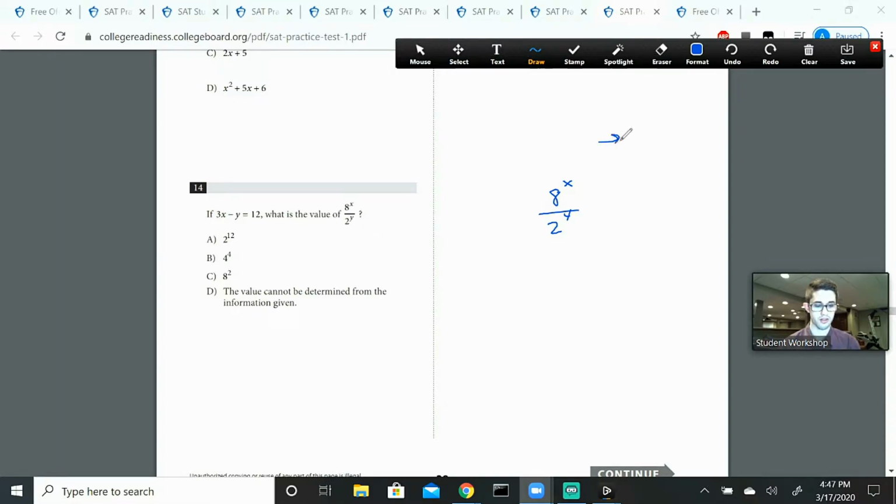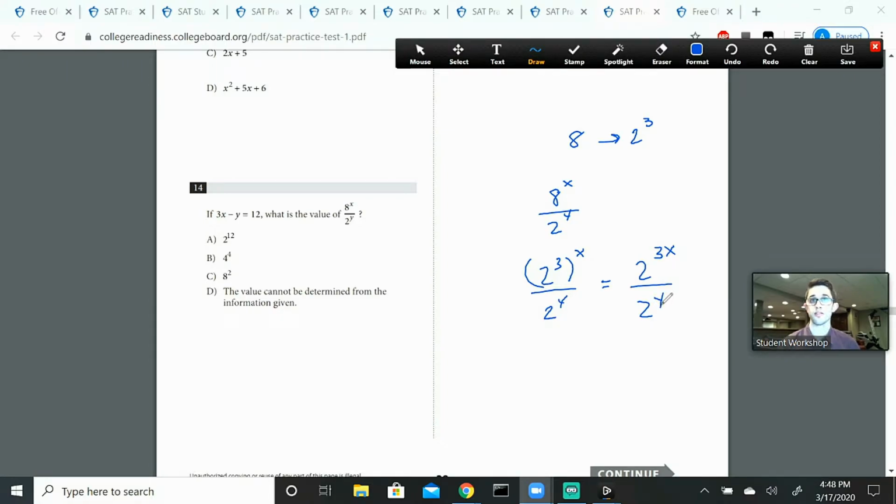Now I can see that 8 is the same thing as 2 cubed, so I'm going to substitute 2 cubed in for 8. You get 2 cubed to the x over 2 to the y. Now anything raised to a power and then raised to a power again, we can just multiply those exponents. So we get 2 to the 3x over 2 to the y.